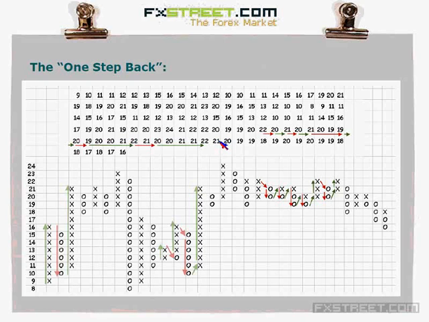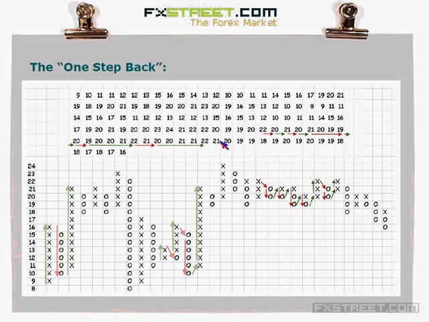Okay, this is something that is only possible in the one box reversal charts, and that means that if the price goes back by the box size, reverses by the amount of one box size and immediately reverses again to the original direction, we can have an O or an X in the same column.